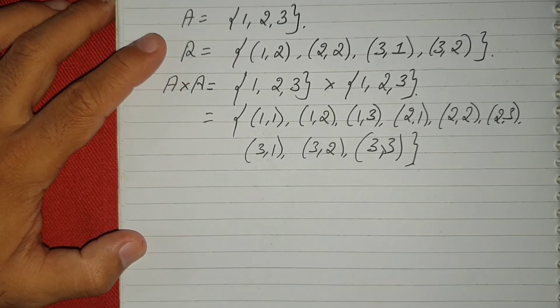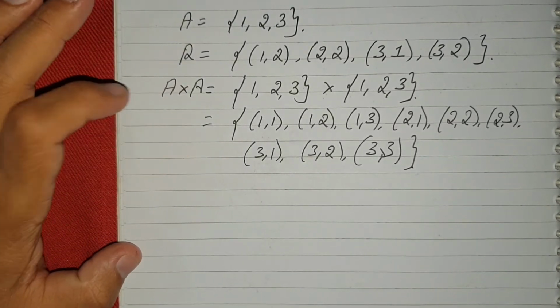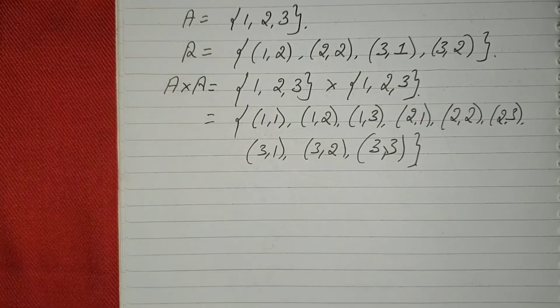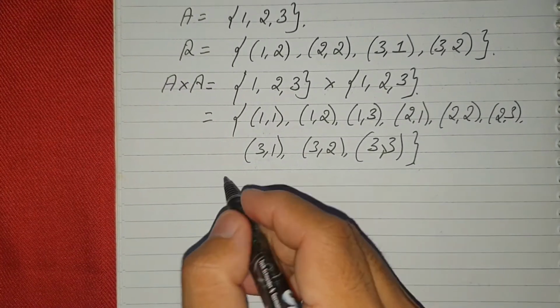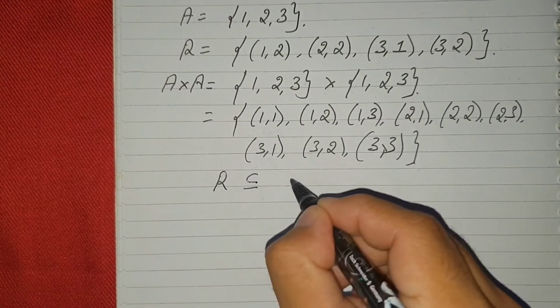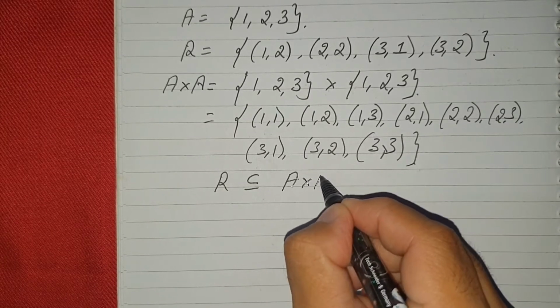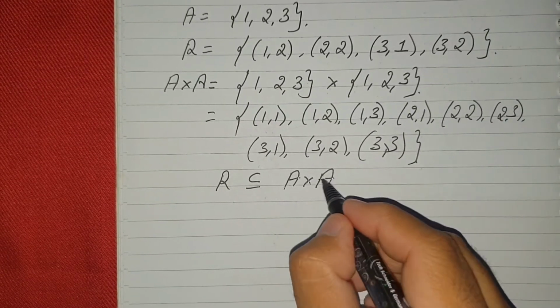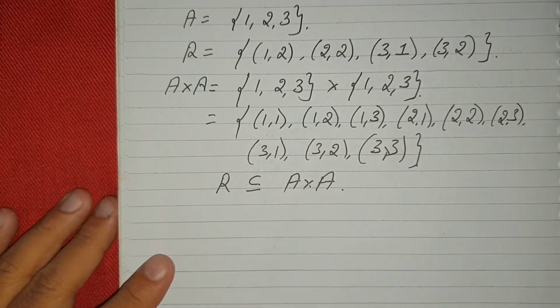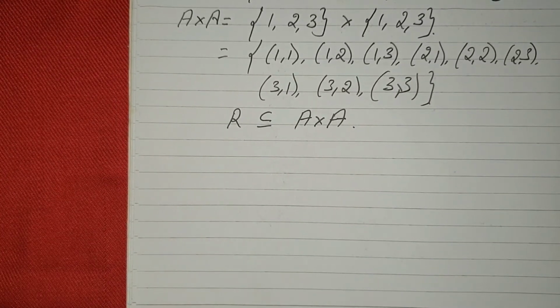So as you can see, R is a subset of A cross A. Hence R is a relation on A, which is also known as the binary relation on A.